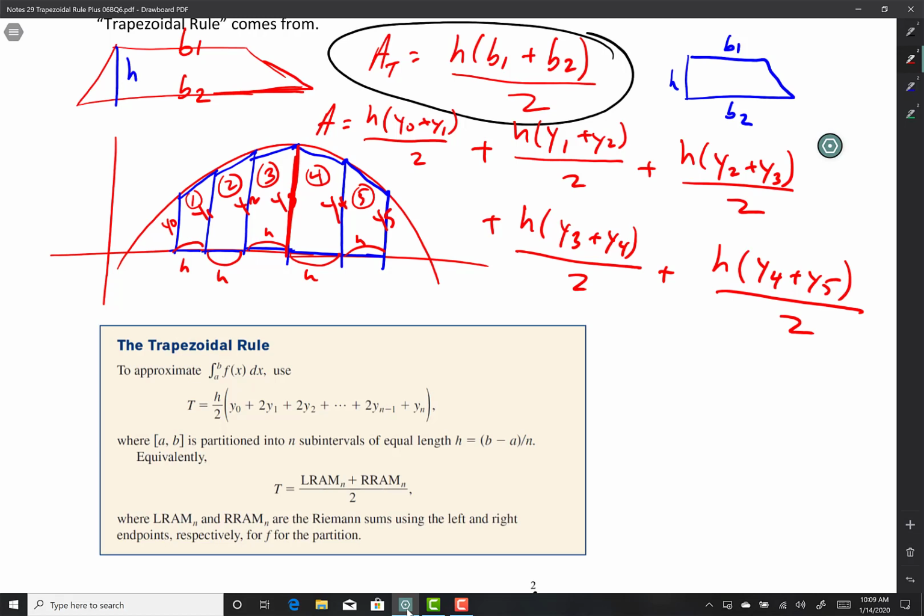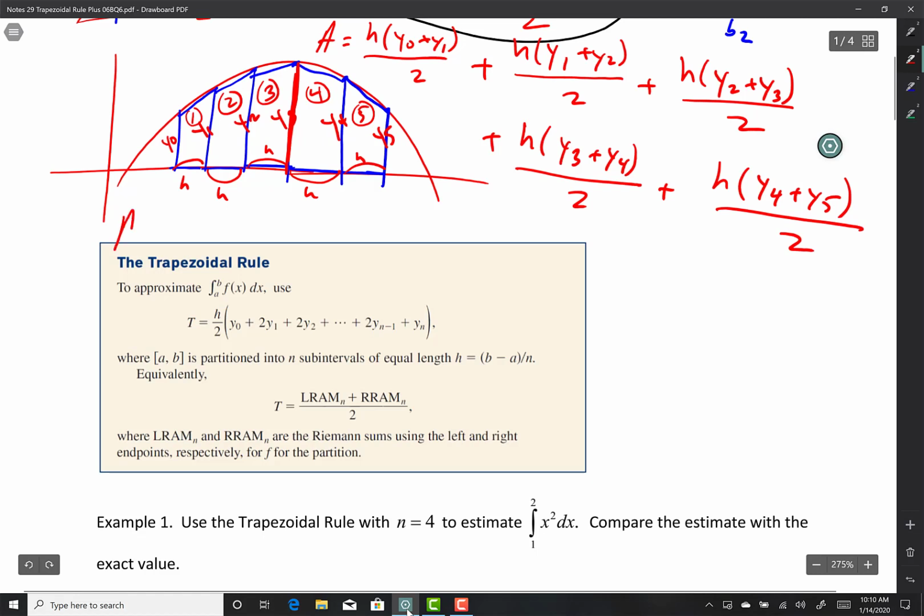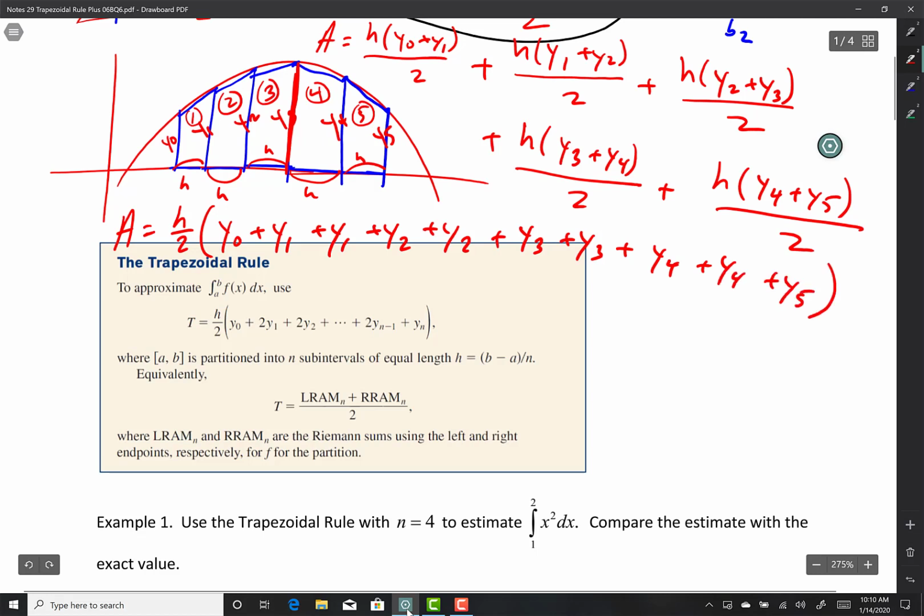I want you to notice that all of them have an h over 2, h over 2, h over 2, h over 2, h over 2. What can I factor out? H over 2. So if I factor out that h over 2, look what happens. I'm going to write it over here. Area equals h over 2 times y0 plus y1 plus y1 plus y2 plus y2 plus y3 plus y3 plus y4 plus y4 plus y5.